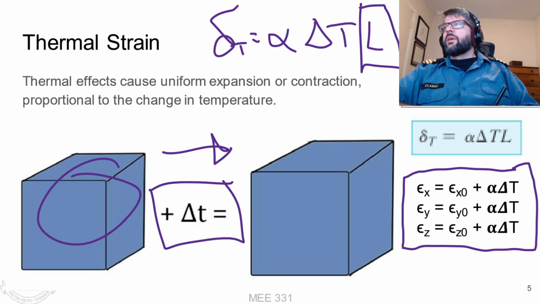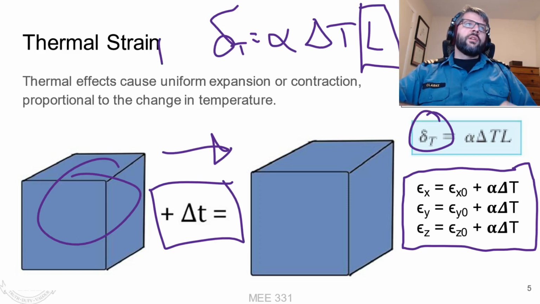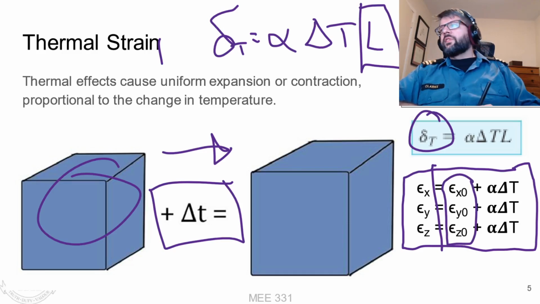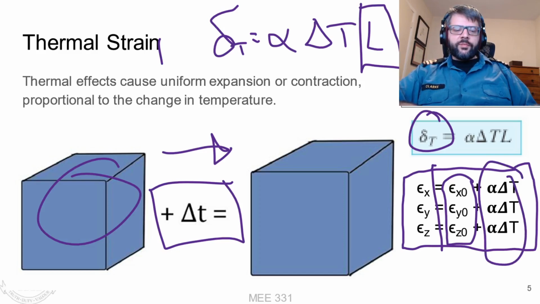So essentially we took this small delta L divided by the L. That gives us our change in length over the original length. Hey, that's our strain. So the strain that we get after the temperature rise is equal to the strain that we had initially, based upon what else we're doing, plus our thermal effects there.